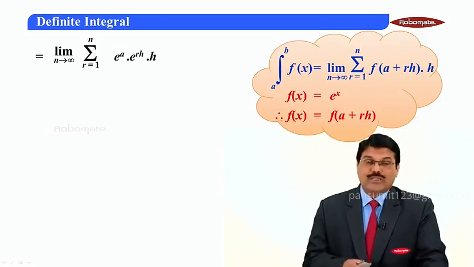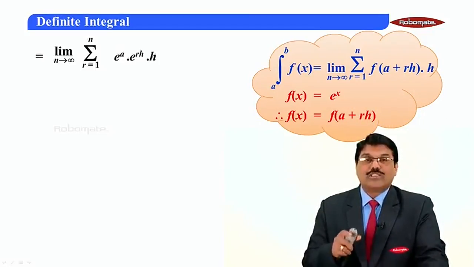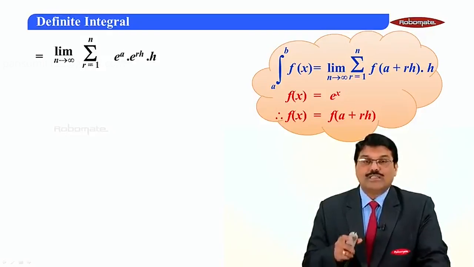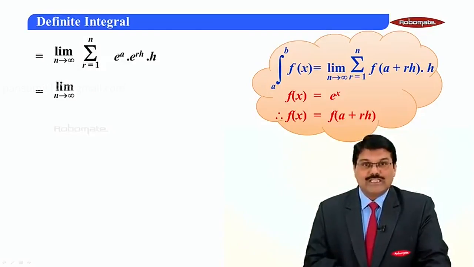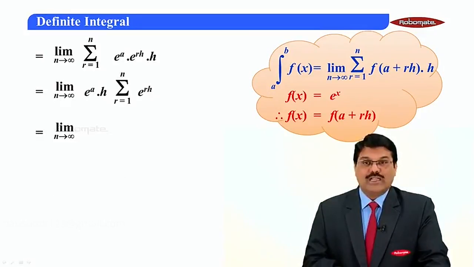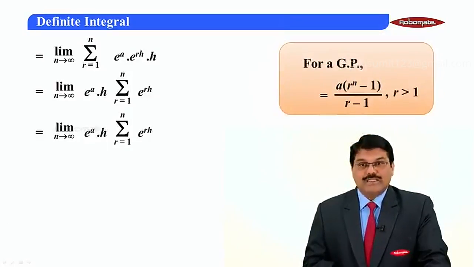Now to solve it further, first take the constant term outside of the summation sign. So limit as n tends to infinity, e raised to a into h will be outside, summation r goes from 1 to n e raised to rh.